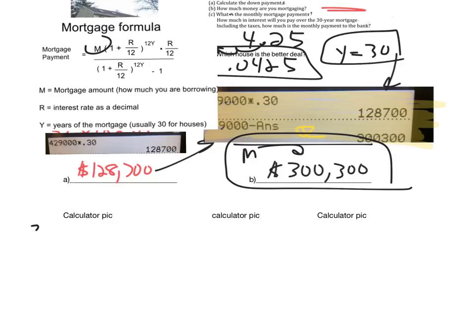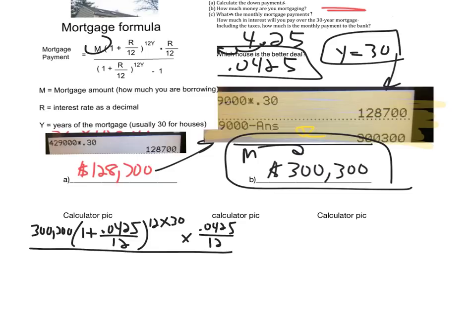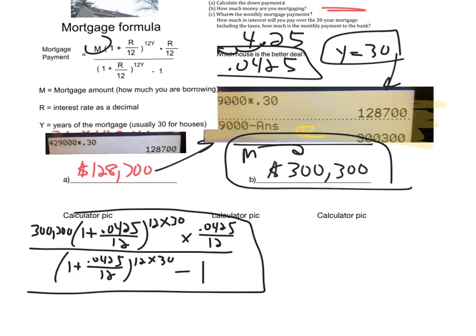So M, 300,300, times 1 plus R over 12, 1 plus 0.0425 over 12, raised to the 12 times Y, 12 times 30th power, times another R over 12, so 0.0425 over 12, all over the 1 plus 0.0425 over 12, raised to the 12y, 12 times 30th power, take away 1. So this is the expression we need to enter into our calculator.